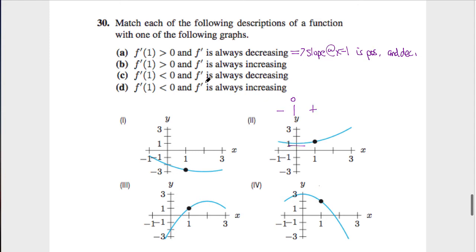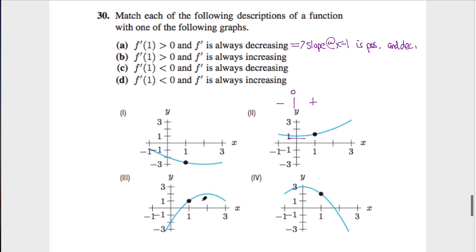And that's okay, because that means that f prime was negative and is going positive. So this actually implies that our slope is increasing the entire time. So between these two, we really don't quite have an answer.